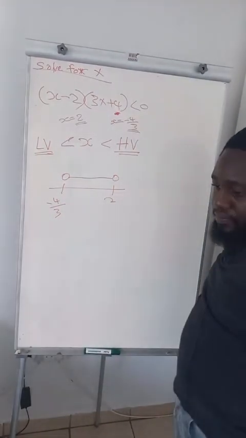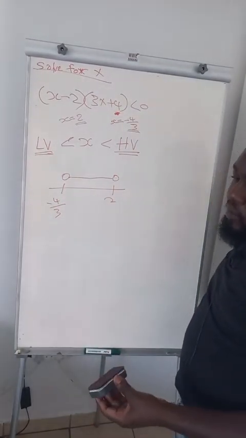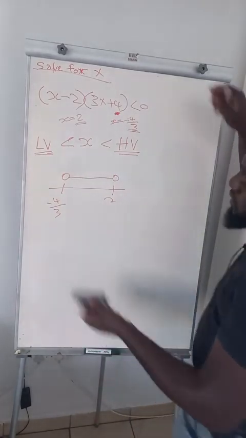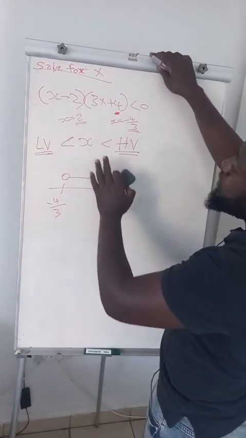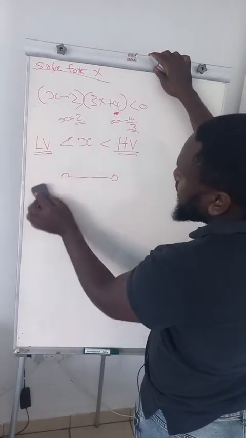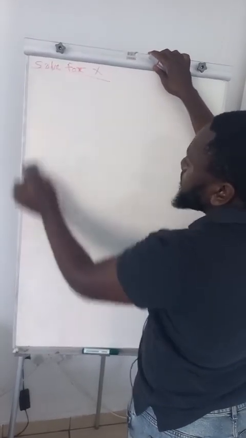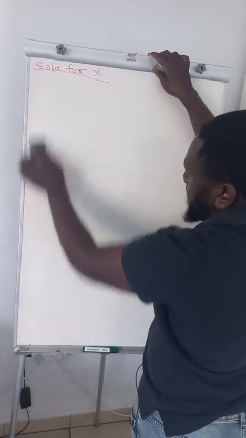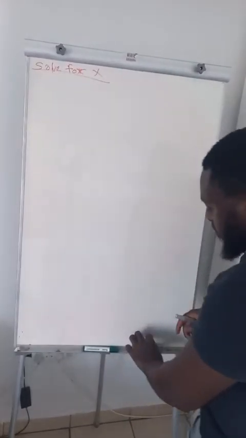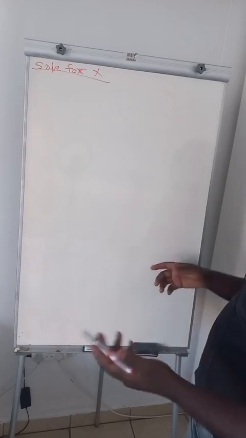Then now let's go to an equation wherein maybe you're unable to factorize. If you're unable to factorize by inspection or without using a calculator, it means you need to use the quadratic formula.